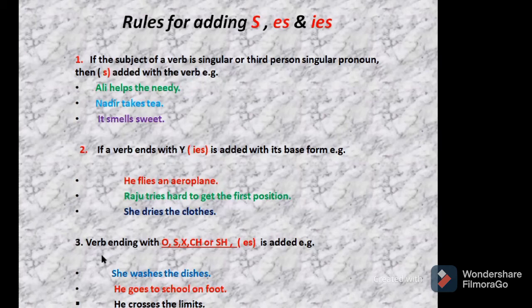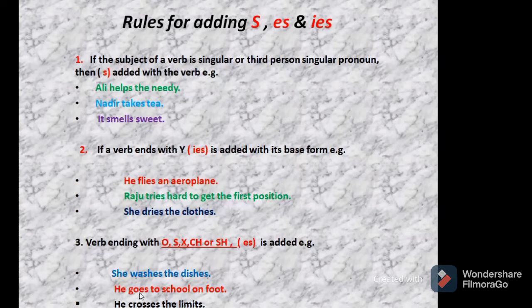In present indefinite, the third one is verbs ending with o, s, x, ch, or sh. We use ES with the base form. For example, she washes the dishes. Here, wash was the base verb. We use ES because it ends with sh. He goes to school on foot.